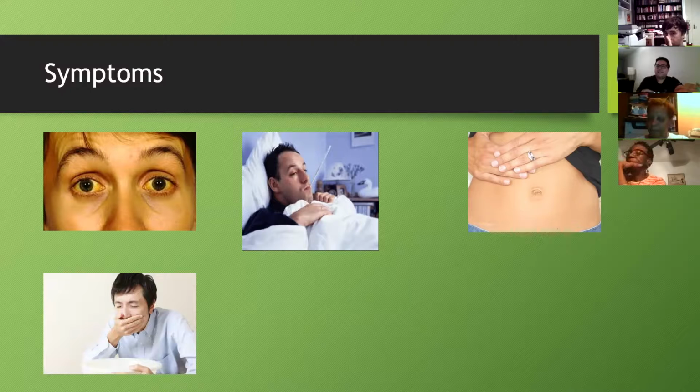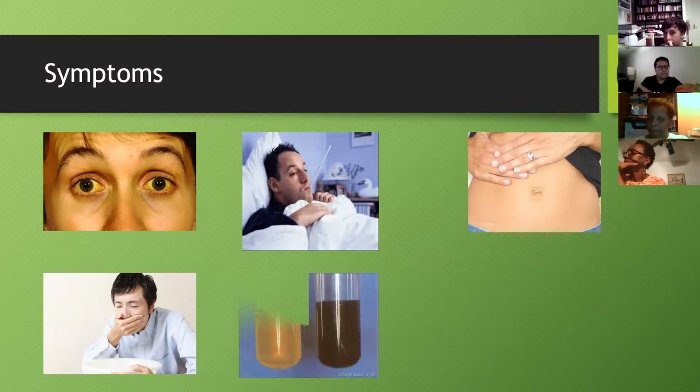Nausea and vomiting is also very common, especially for Hep A, but it can be present in Hep B and Hep C also. This is something that we call coluria as a medical term. That means the dark coloration of the urine. So people will start peeing in a dark color, like you see here.